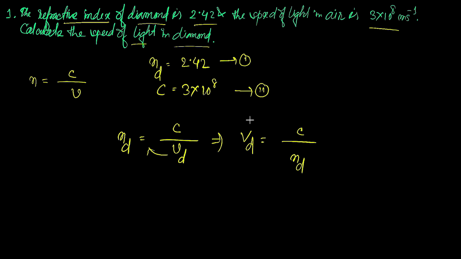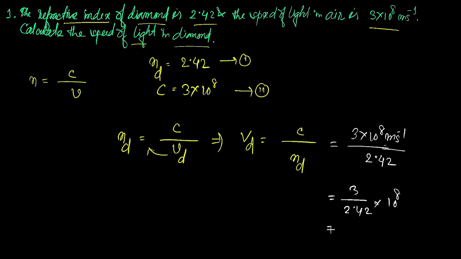Now put the values. What are the values? c is given as 3 into 10 to the power 8 meter per second. Simple, right? And what is the value of nd? 2.42. So it is given by 3 by 2.42 into 10 to the power 8, right?